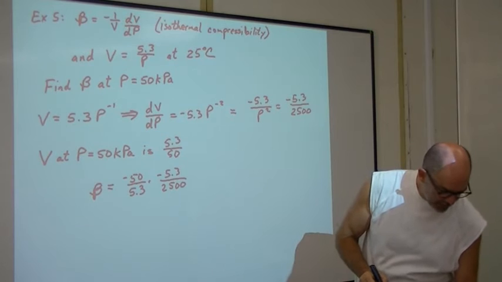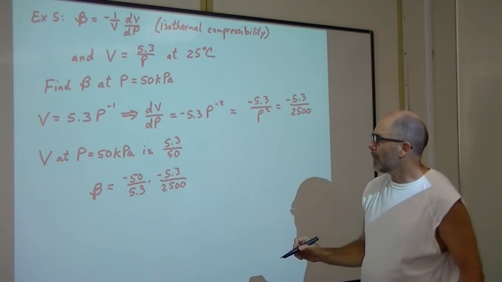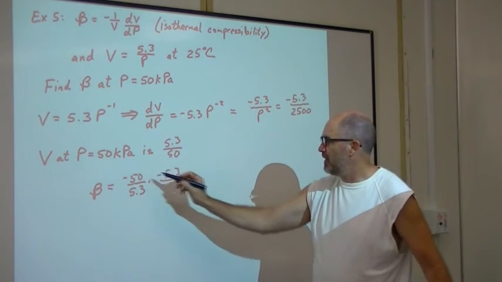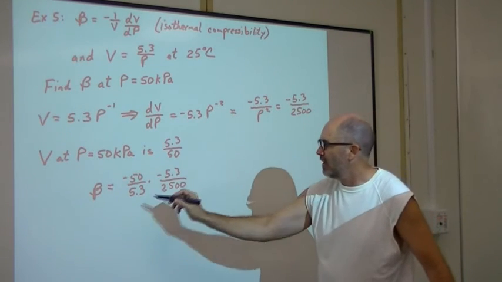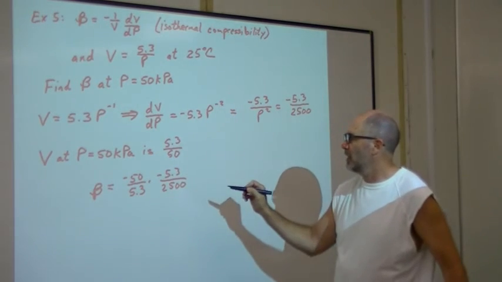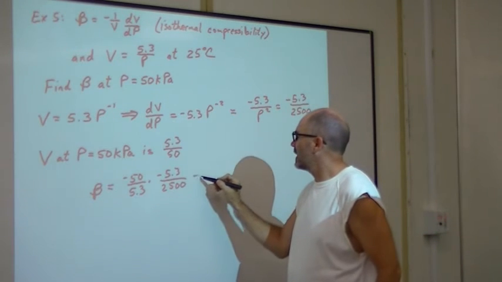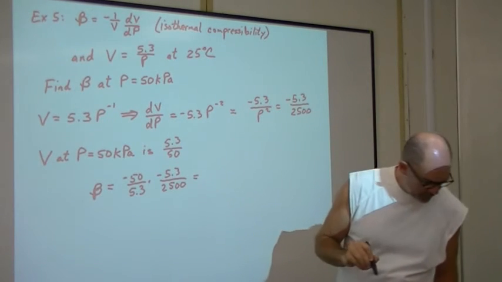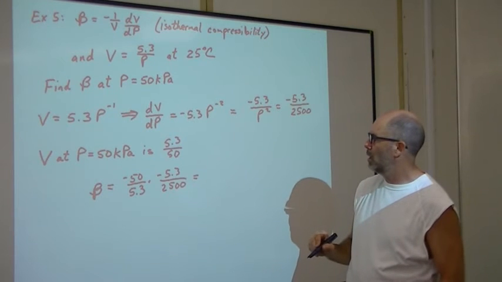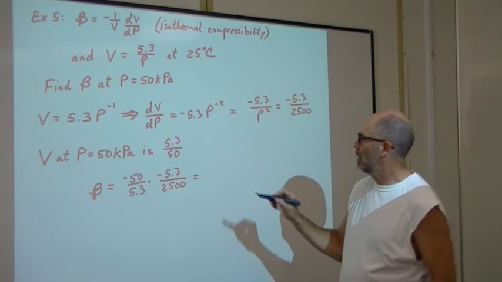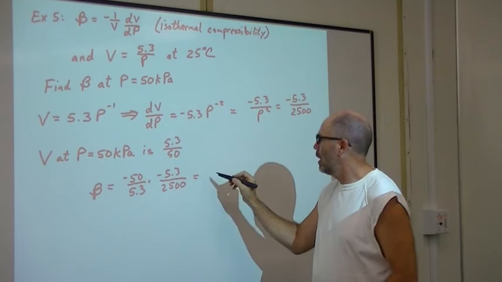And that's going to end up being positive 50 over 2500 is 1/5, and the 5.3's cancel. So we're left with exactly 1/5, which would be 0.2. Oh, no, I'm sorry.